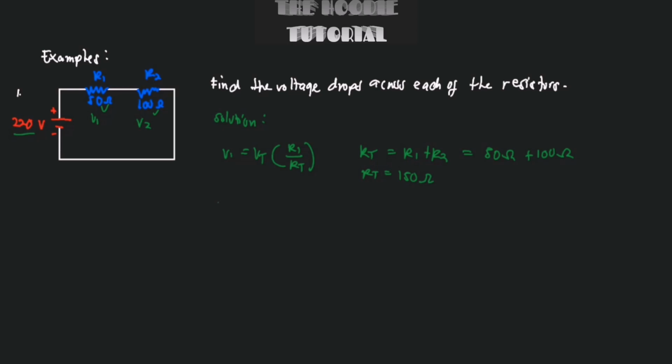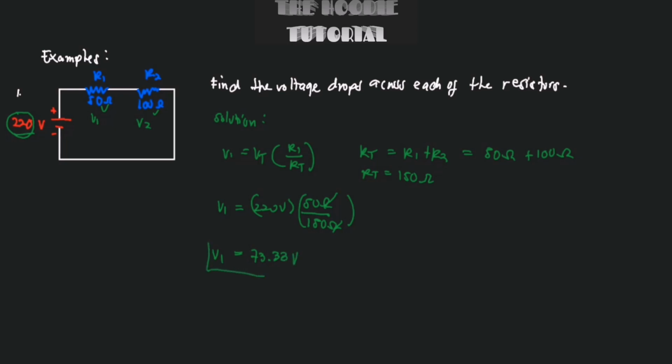So let's go calculate V1. Our VT is the voltage source, that is 220 volts, multiplied by, of course, R1. Our R1 is 50, and then divided by our RT, 150 ohms. We can now cancel the ohms and put that all in the calculator. Therefore, V1 is equal to 73.33 volts.